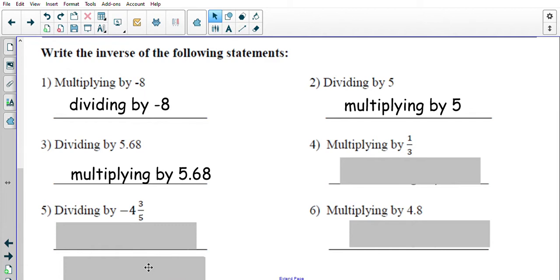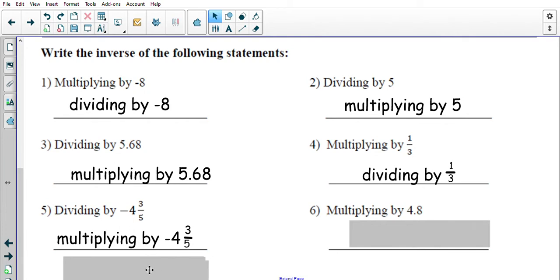The inverse of multiplying by 1/3 is dividing by 1/3. The inverse of dividing by -4 3/5 is multiplying by -4 3/5. Notice how I'm only changing the operation and not the sign on the number. Finally, the inverse of multiplying by 4.8 is dividing by 4.8.